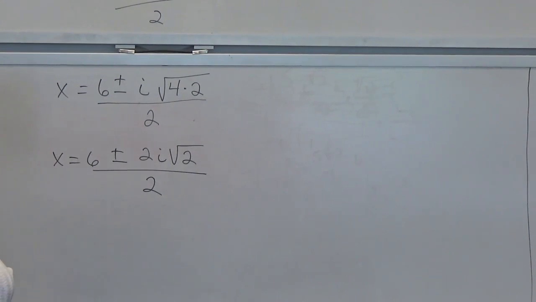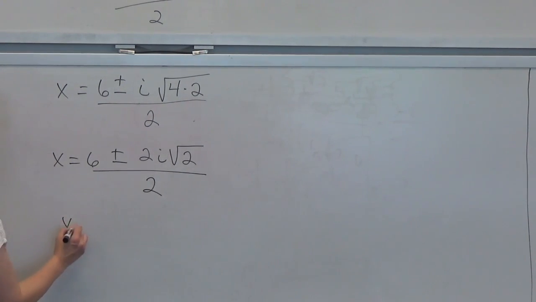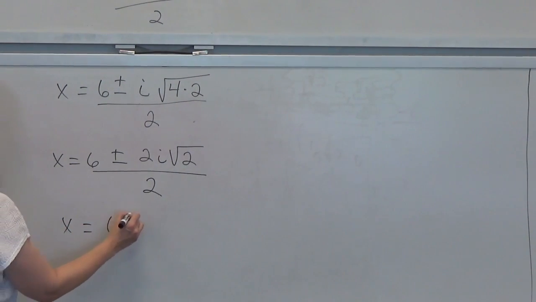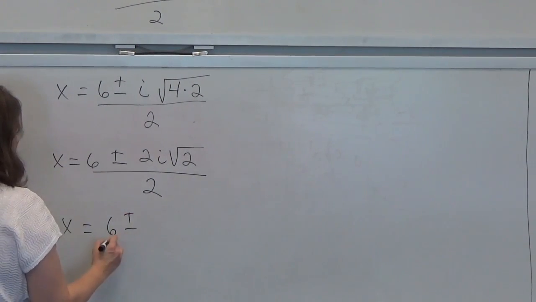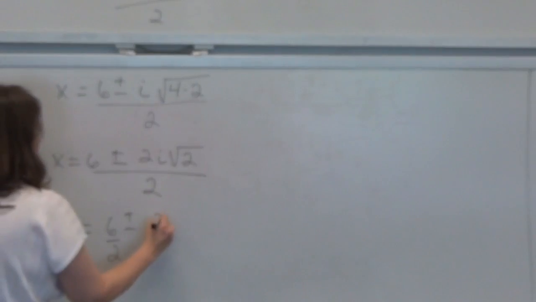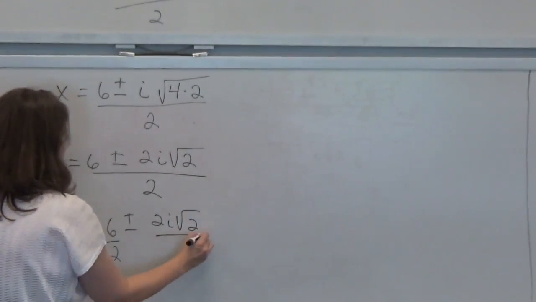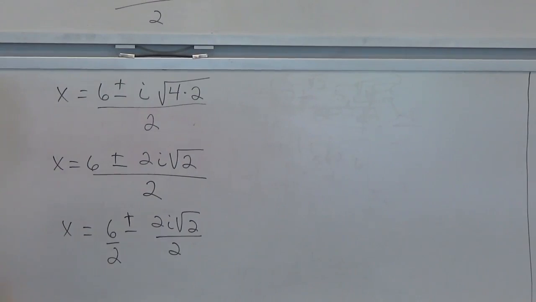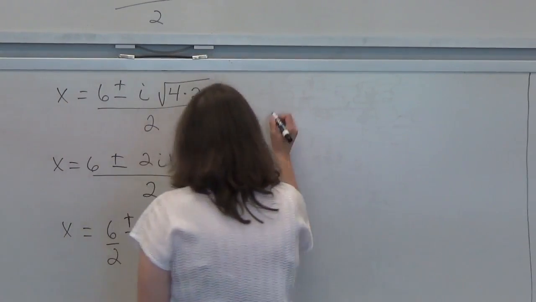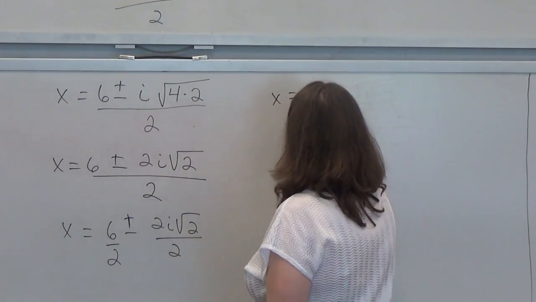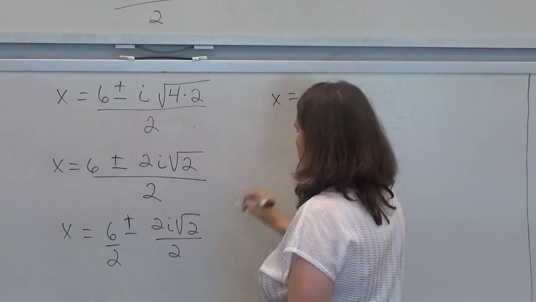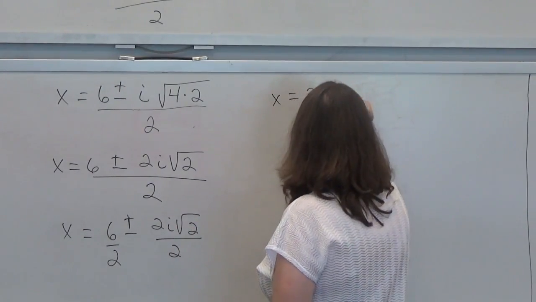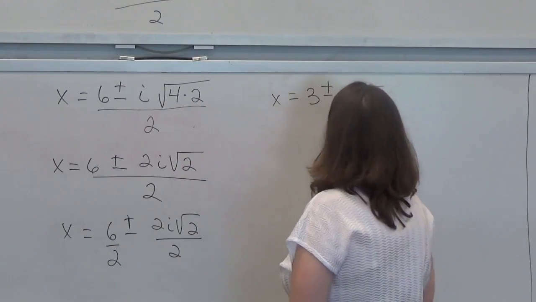This definitely needs to be simplified. So you've got x equals 6 over 2 plus or minus 2i square root 2 over 2. And we can simplify that as 3 plus or minus, these 2's cancel, i square root 2.